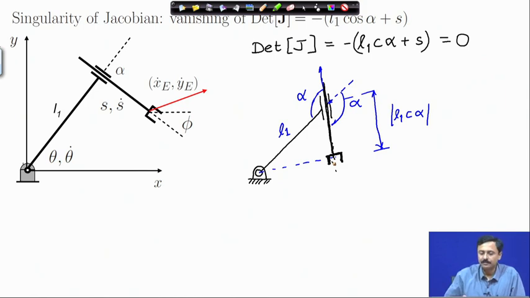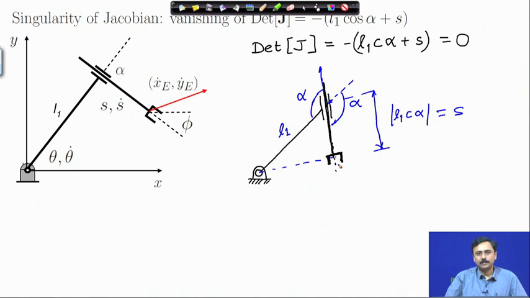So, this is a singular configuration where s is equal to negative of L1 cosine alpha, or the magnitude of L1 cosine alpha. Remember that L1 cosine alpha is negative and s is positive, and they are equal in magnitudes. So, L1 cosine alpha plus s must be 0.